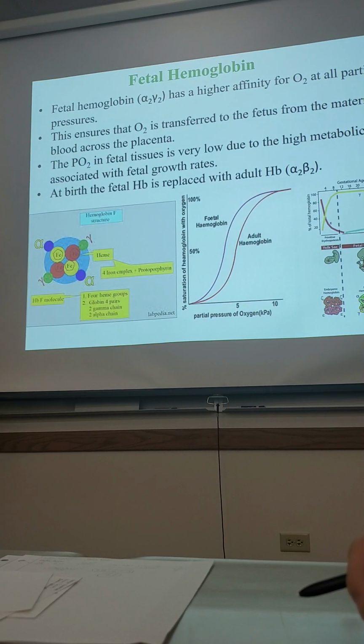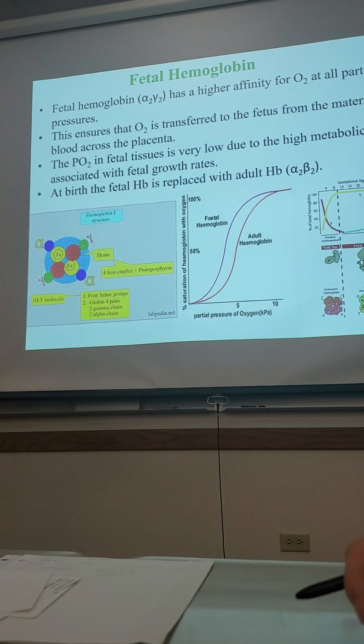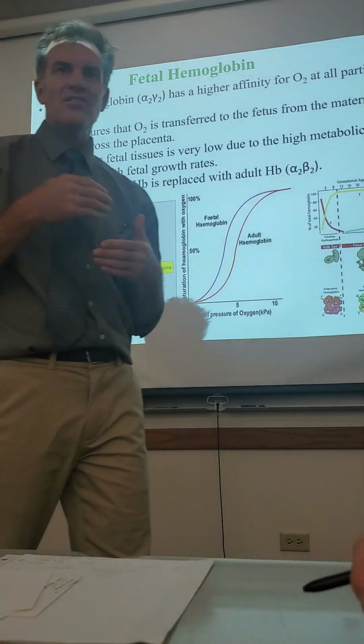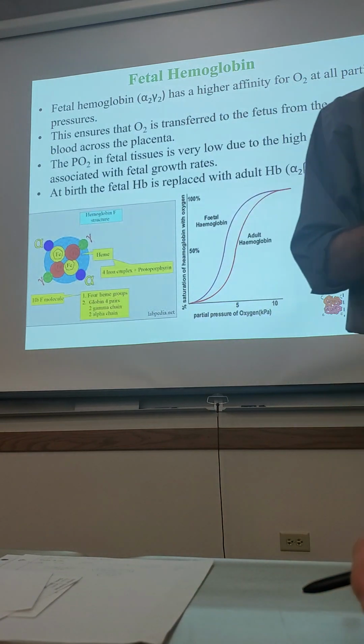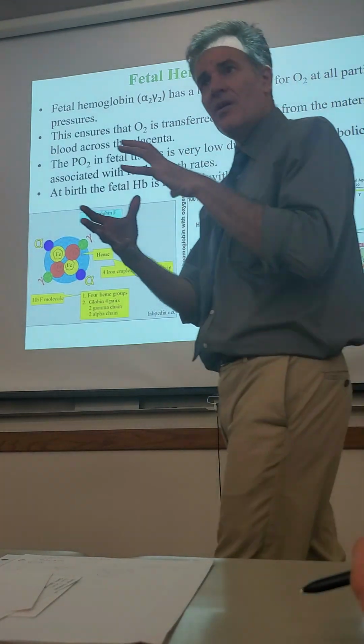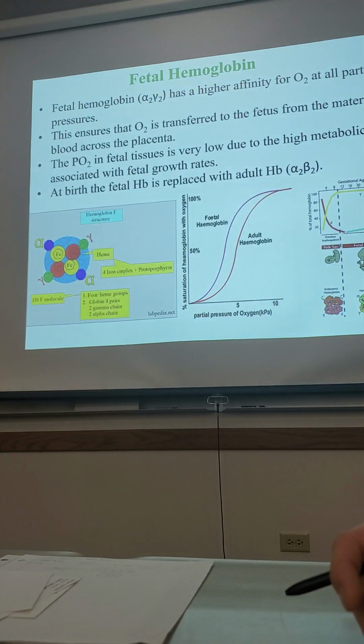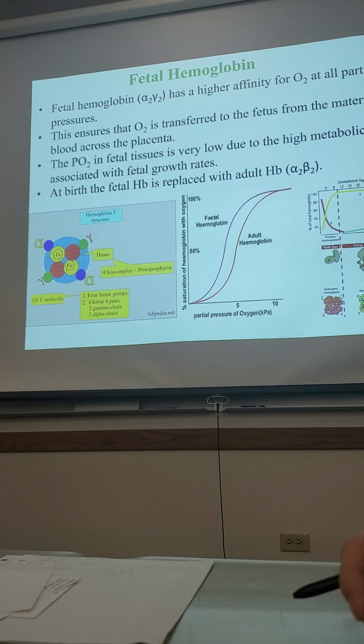So, all right. Interesting thing to note, the alpha subunits are always there, but when you have a fetus, as the baby's developing in the mother's womb, the baby has a problem. Mom has hemoglobin, baby has hemoglobin. How are they going to? The baby's not going to get enough oxygen if it's relying on circulating that oxygen, unless its hemoglobin can actually bind it more tightly.